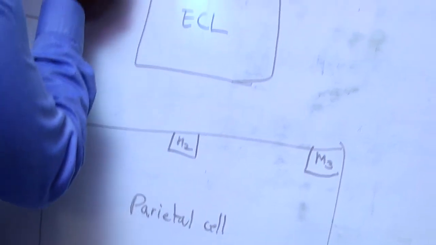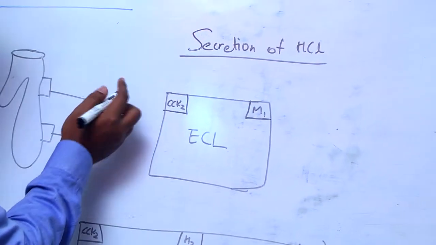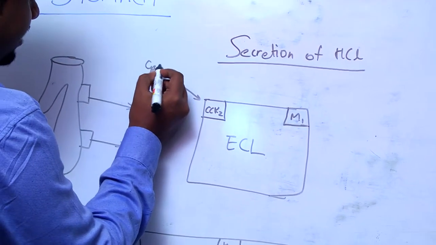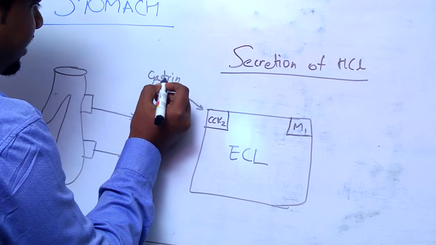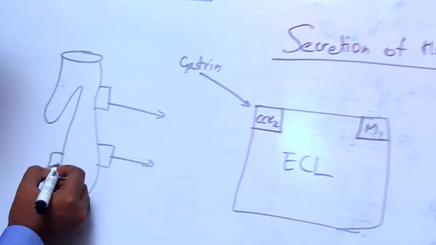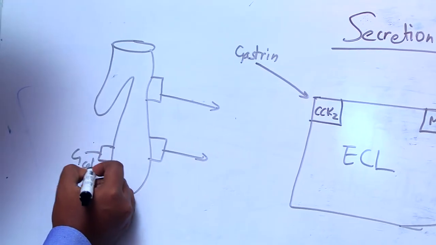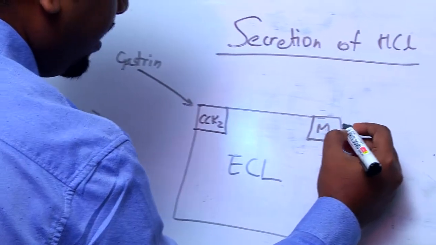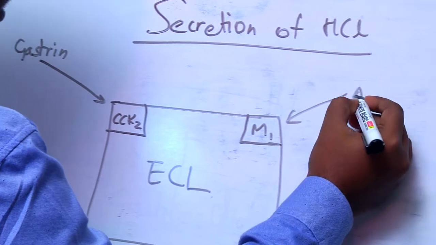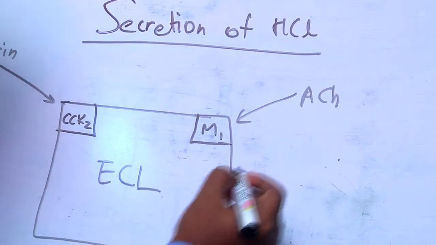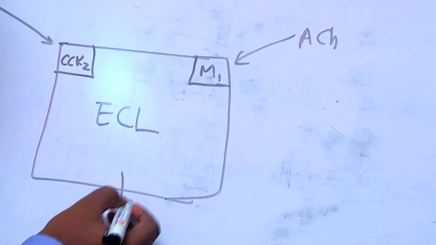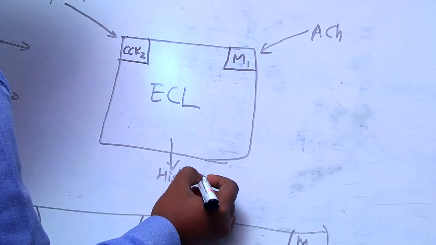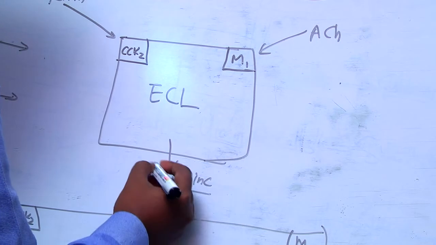So let me now tell you what acts on these receptors. On the CCK2 receptors, your gastrin acts. This gastrin is secreted from the G cells which are present here, and the somatostatin inhibits this secretion. Here there is action of your acetylcholine. So this results in secretion of histamine from the enterochromaffin like cells.